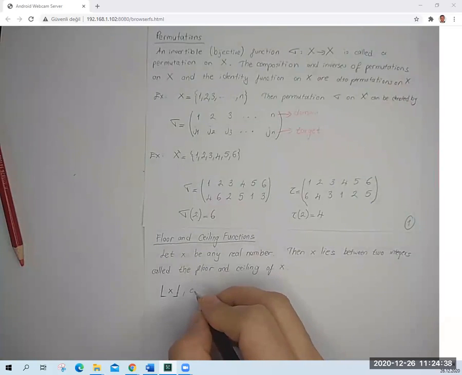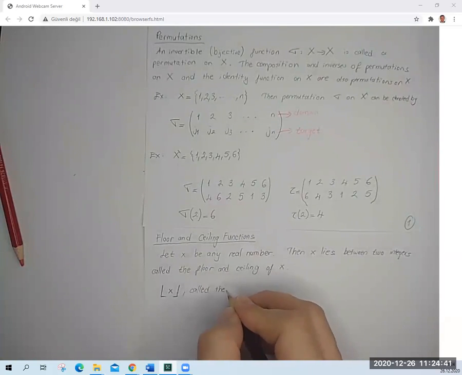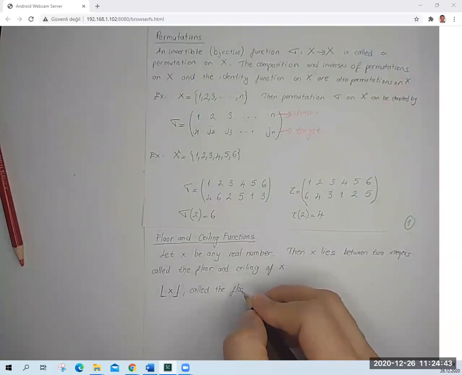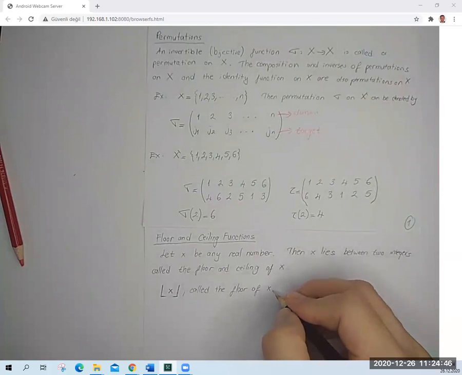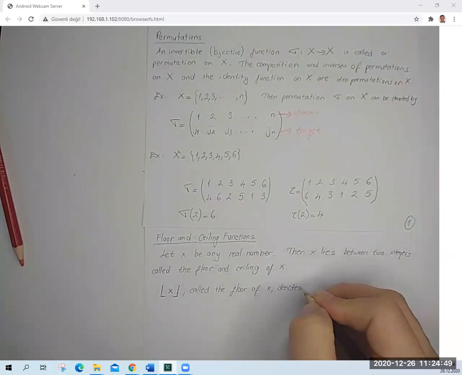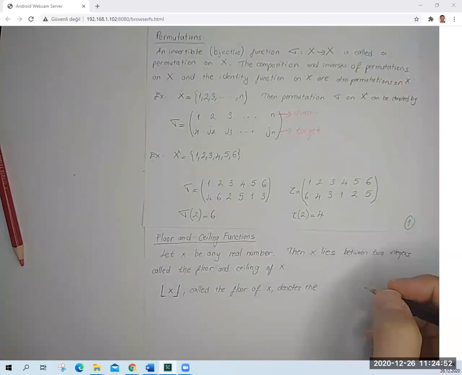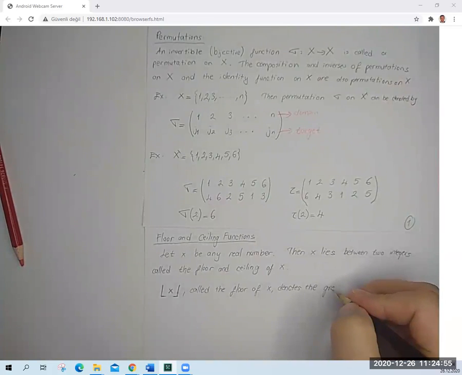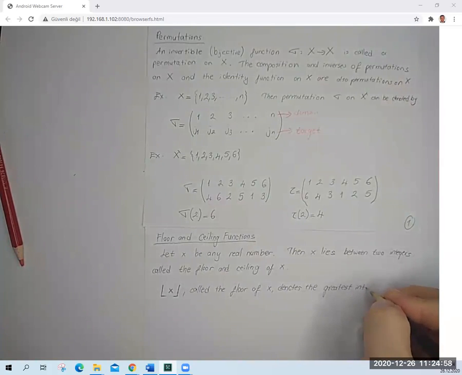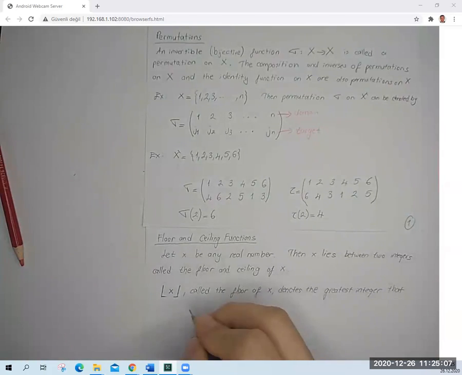It means the floor value, called the floor of x, denotes the greatest integer that does not exceed x.